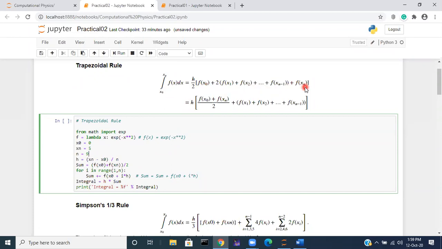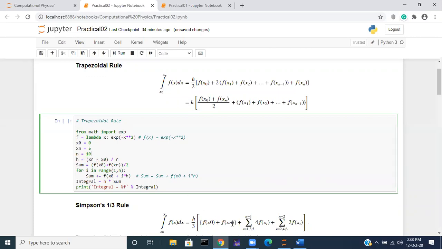So for 10 points n equal to 9, while for 10 intervals n equal to 10. n is the number of smaller intervals. From 0 to 5 we take 10 equal intervals.